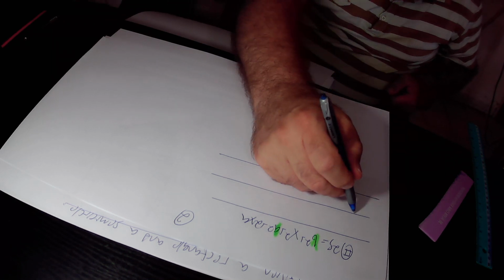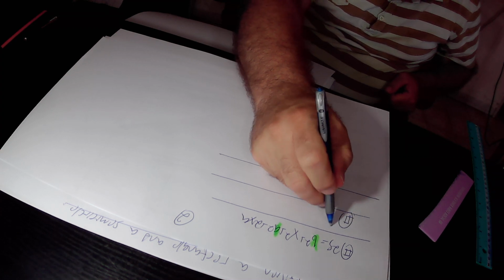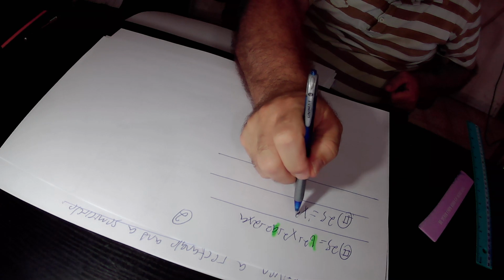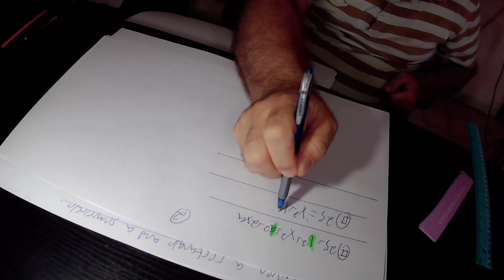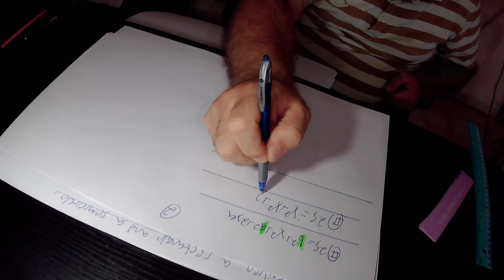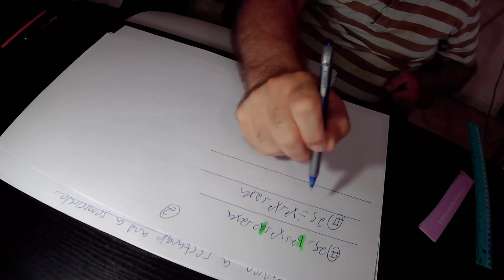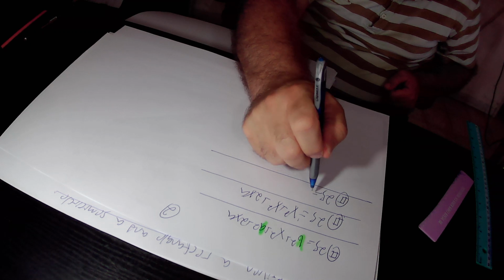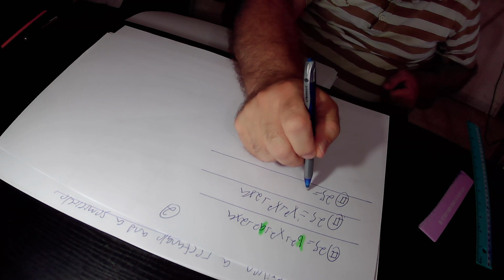We do it now and we get that 25 equals, B squared plus A squared is x squared, and we have x squared again, plus 2xA. So in total, according to equation 2, 25 equals x squared plus x squared, that is 2x squared, plus 2xA.